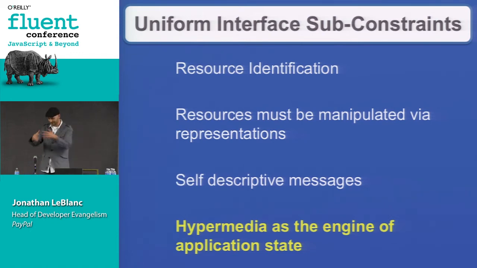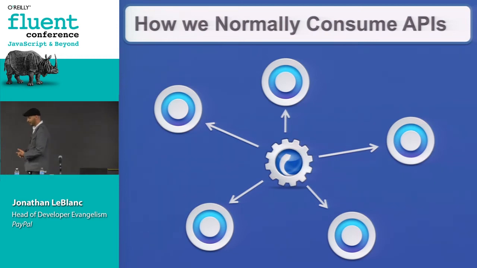Because HTTP requests are essentially wide open, you have to have these constraints in order to define specific actions that can be made. And the way to think about this particular constraint, the HATEOAS constraint, is in how we consume APIs. It's actually a really easy concept. So this is how we actually consume APIs the vast majority of the time. We have a mapping of every API endpoint.